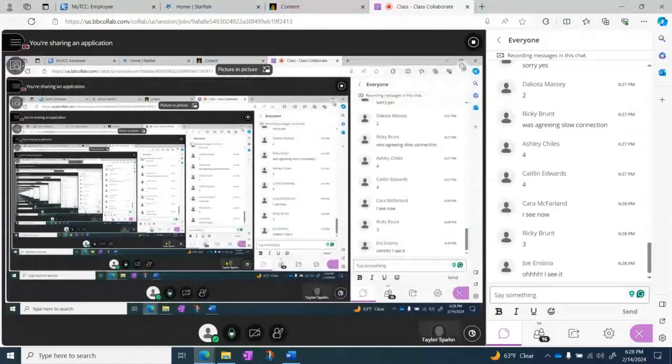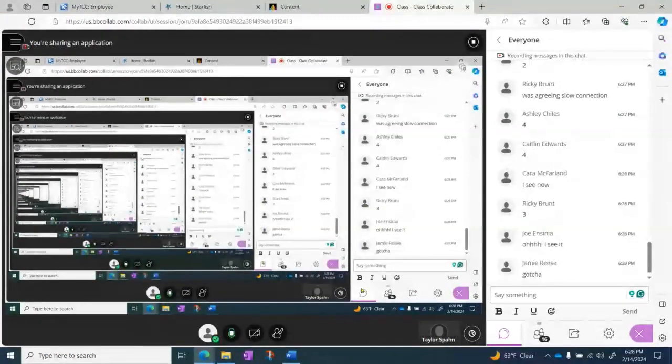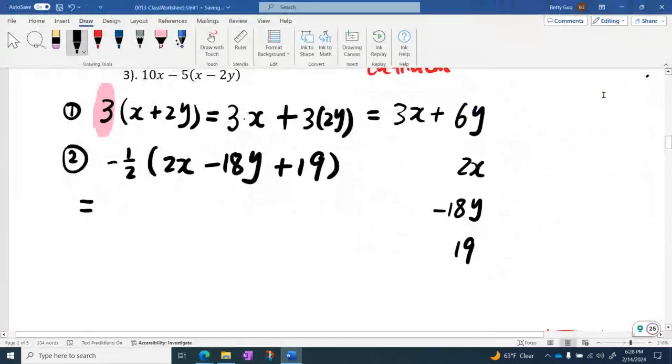Yeah, you see it now. Perfect. Very good. We have three terms. Remember, after we apply the distributive property, we should still have three terms. Now we're going to remove the parentheses by applying the distributive property.